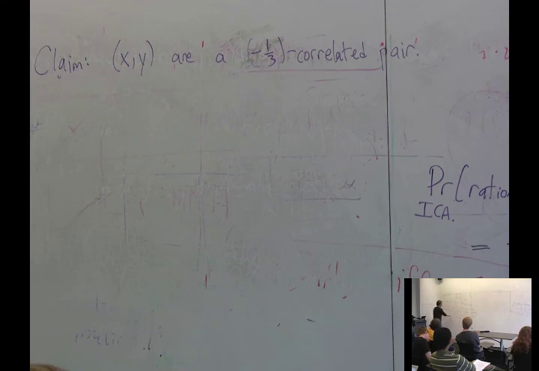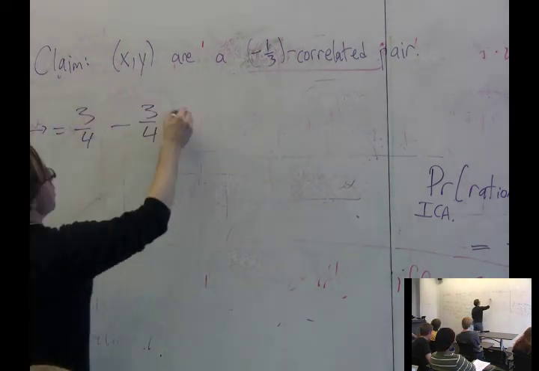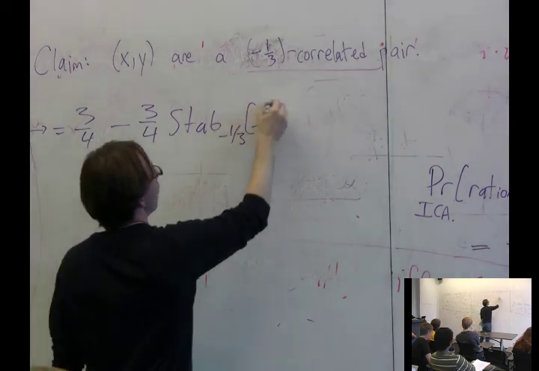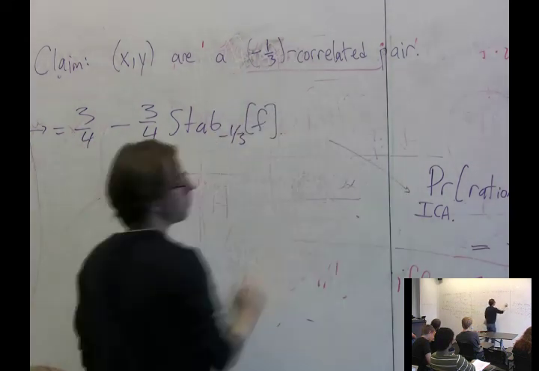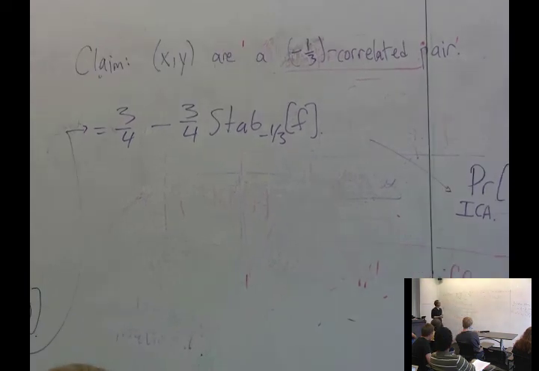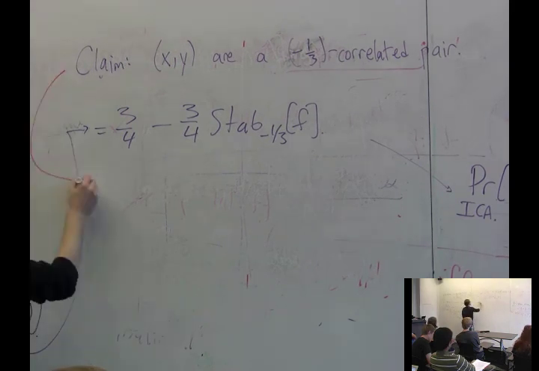So you'll get 3/4, and then 3 times you'll get the noise stability at -1/3 of f, which is what we're shooting for. OK, so the last part of the proof is just to check this.